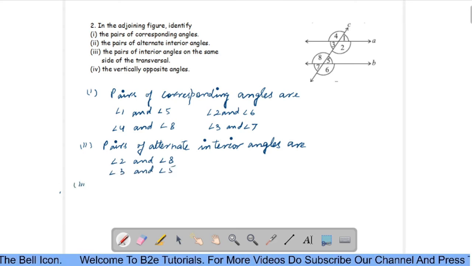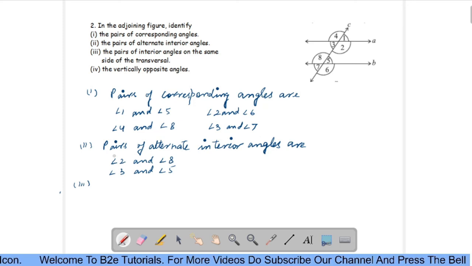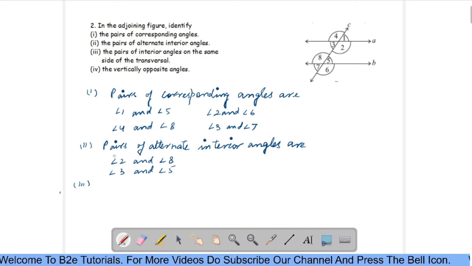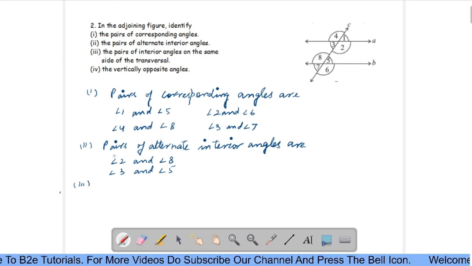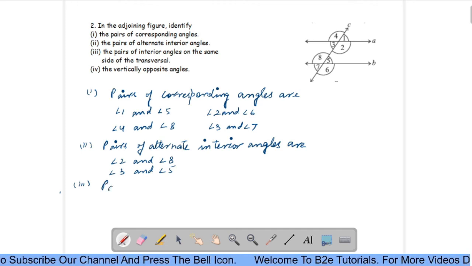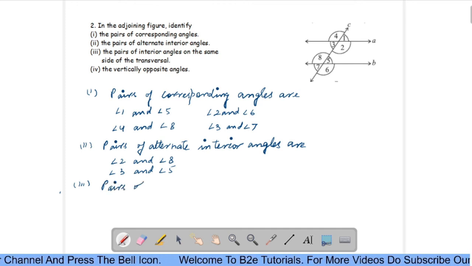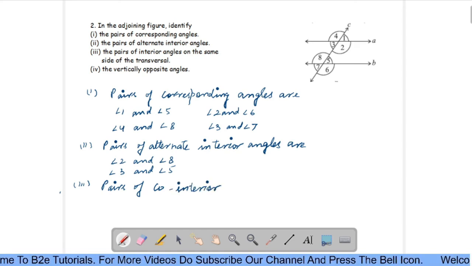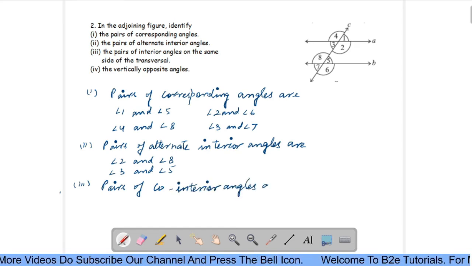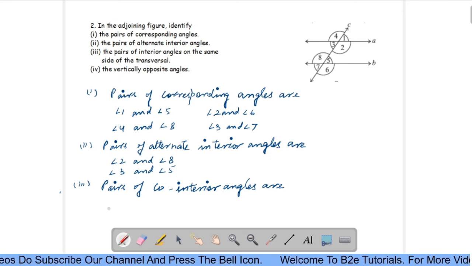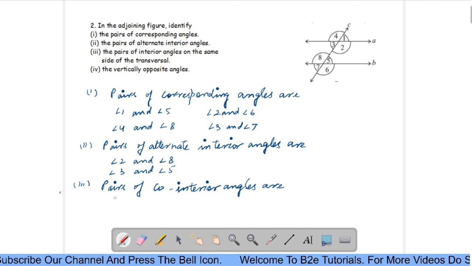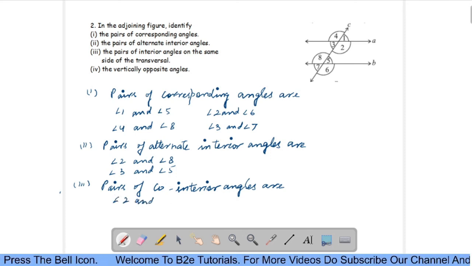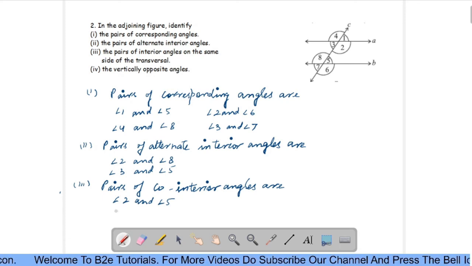Now third, pairs of interior angles on the same side of the transversal. Pairs of co-interior angles are angle 2 and angle 5, angle 3 and angle 8.